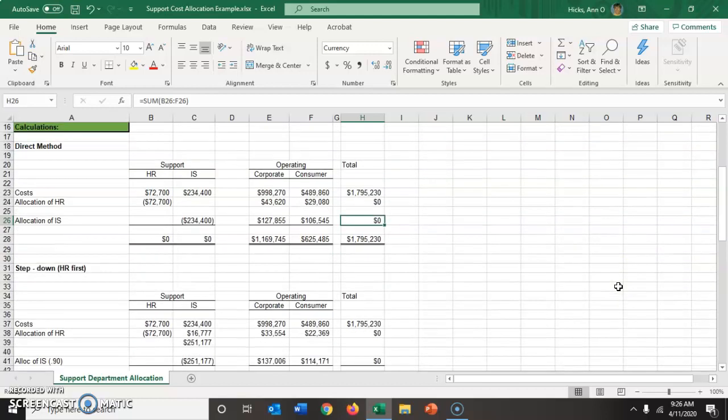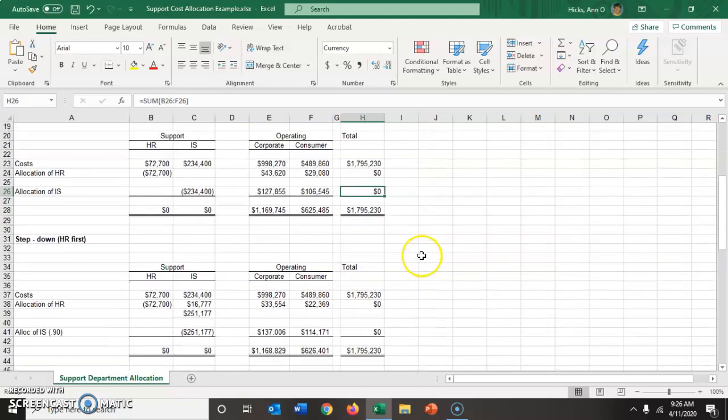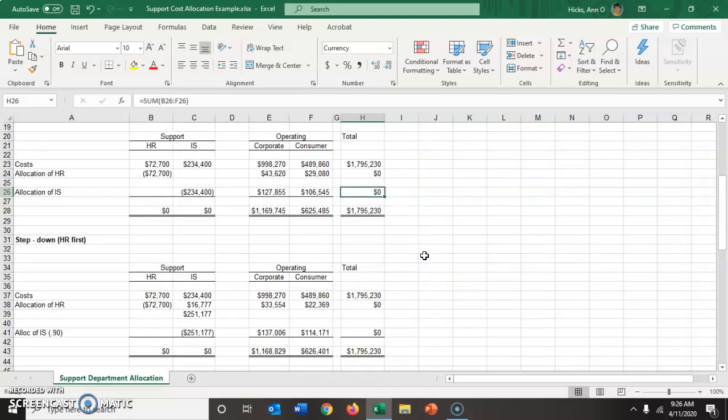Okay, the next method is called the step-down method. In this method, we do assume and recognize that the support departments do work for each other. It's called the step-down method, though, because we pick one of those departments to allocate to the other support department, and then we allocate the next support department to the operating.